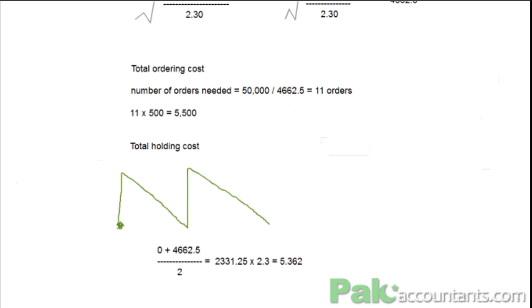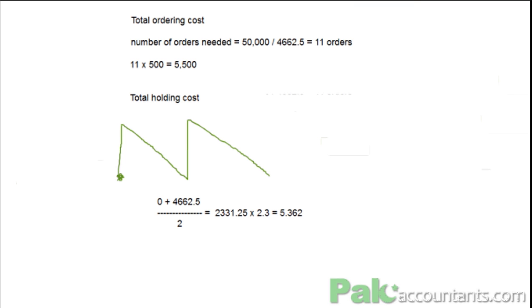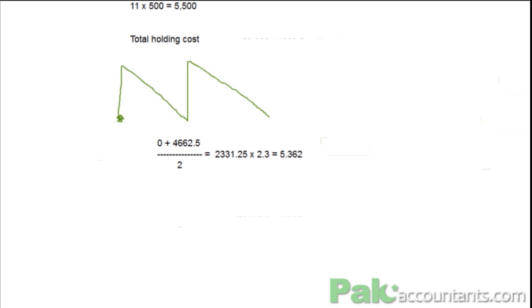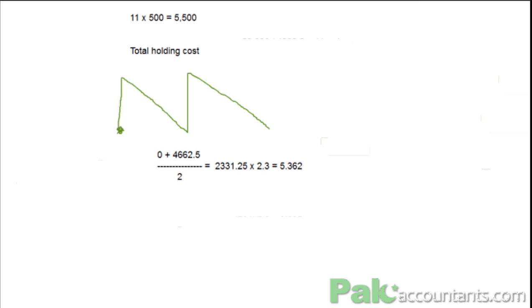Okay, now if you sum these two costs up, for total cost equals total ordering cost plus total holding cost, which is 5,500 plus 5,362 equals 10,862.